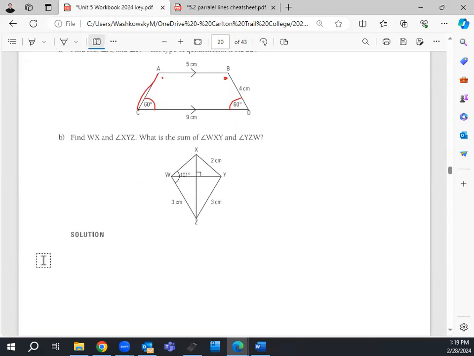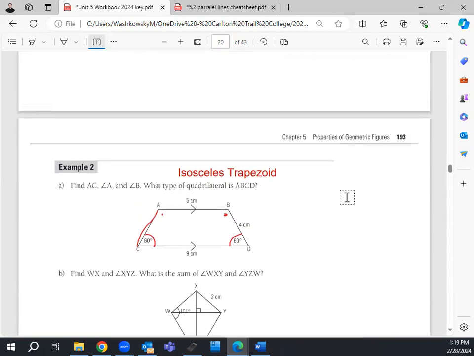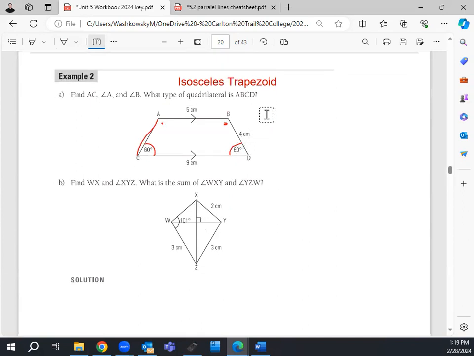So let's start finding some of this stuff. Let's find the length of AC.